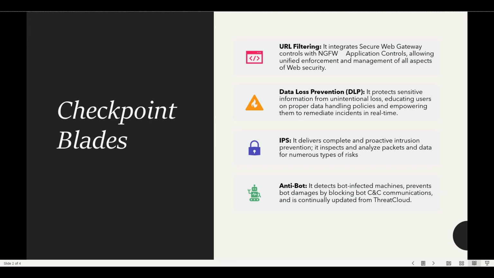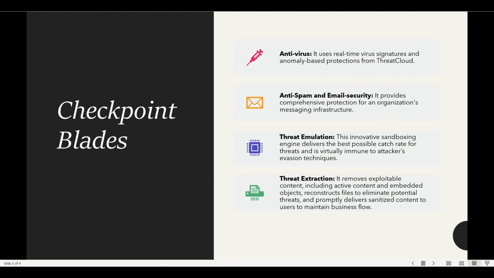Anti-bot detects bot-infected machines and determines any DDoS attack, continuously updating real-time virus signatures from ThreatCloud. Anti-spam and email security provides comprehensive protection for an organization's messaging infrastructure, with regulation and threat extraction.